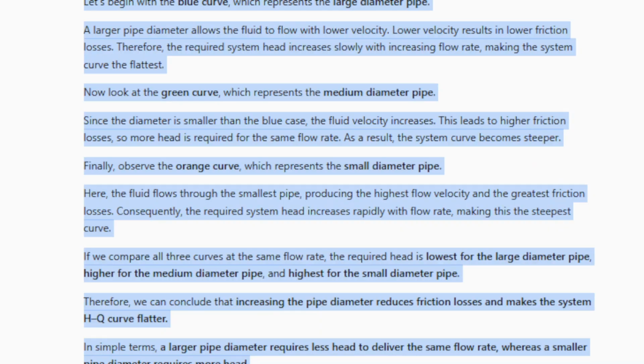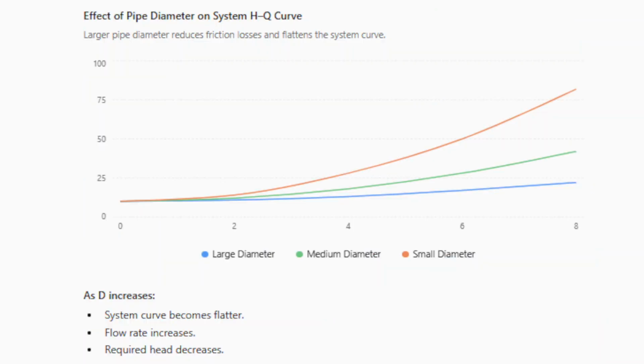Effect of pipe diameter, D, on the system HQ curve. Now let's understand how pipe diameter affects the system HQ curve.